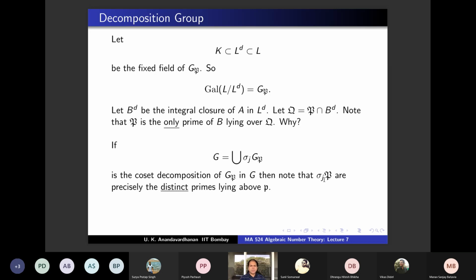By the same argument, if you take two primes lying above p, they will differ.